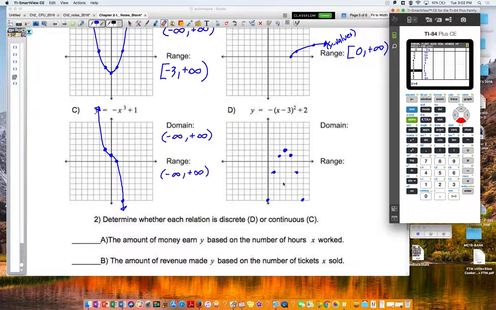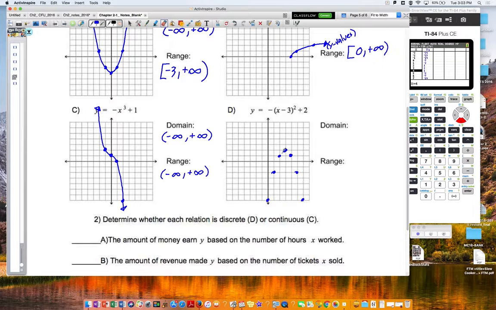Okay, there we go. So at 1, I'm at -2, yep. Here I am at 5, -2, okay. 6, -7. So I'm just getting a picture, again, of my parabola.